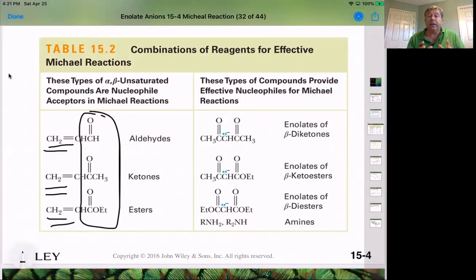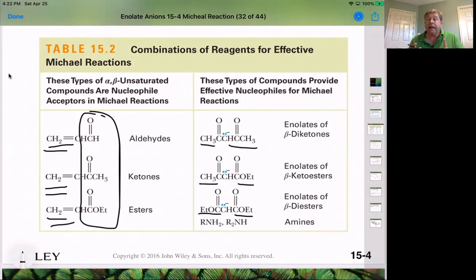The second thing we need for an effective Michael addition is we need to have a beta dicarbonyl compound or an amine. Okay, so when we have a beta dicarbonyl compound, we can have a diketone, a keto ester, or a diester compound.